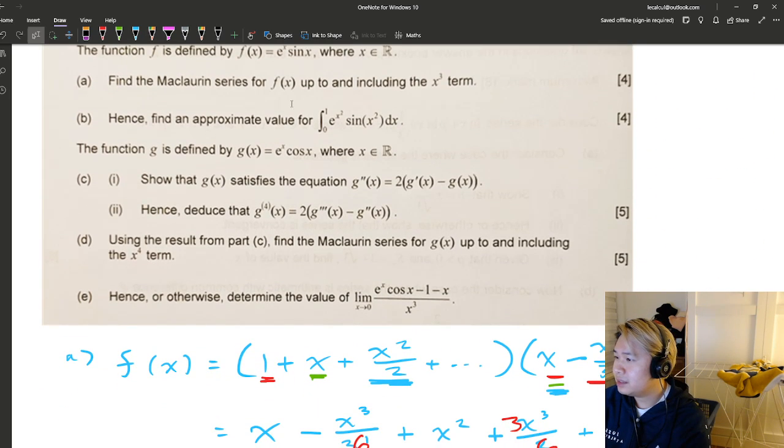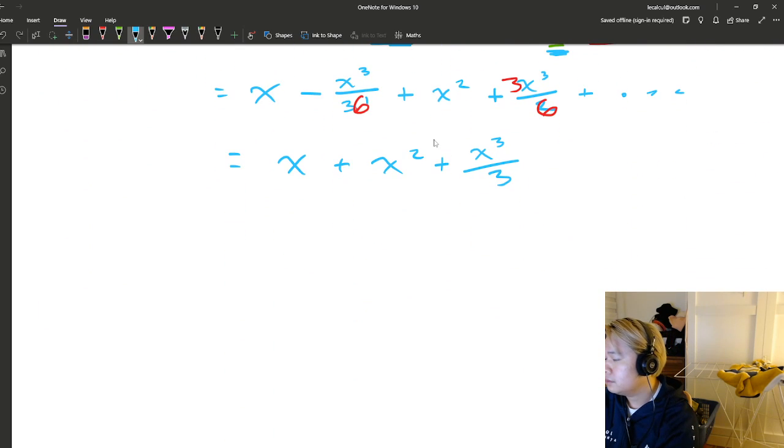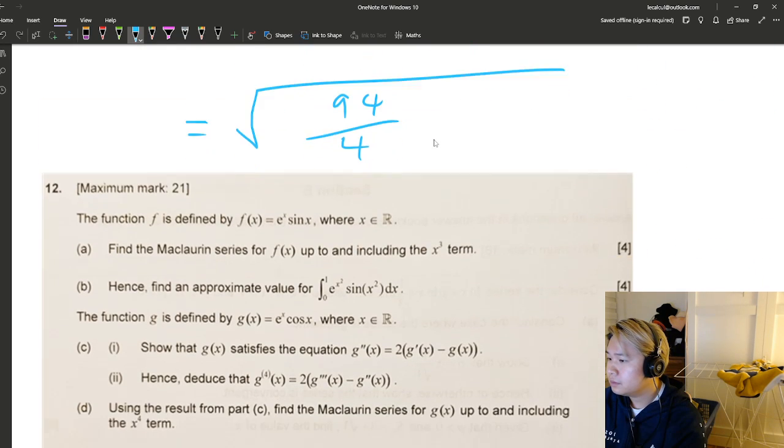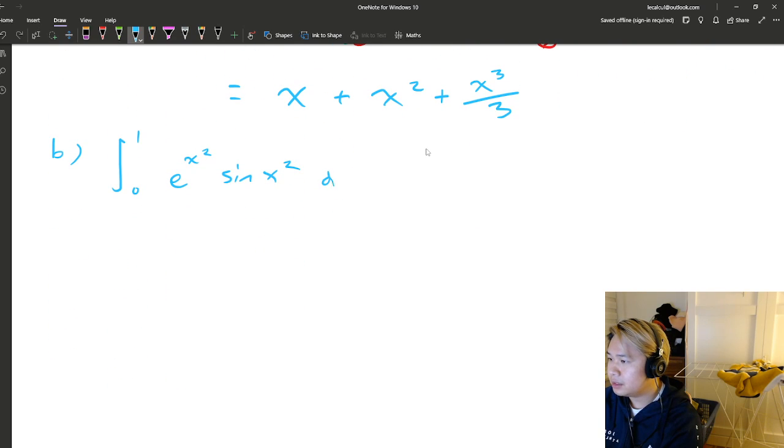Hence, find an approximate value of this integral. I think it was e to the x squared though. Yeah. Okay, and then this is the beauty of the Maclaurin series.